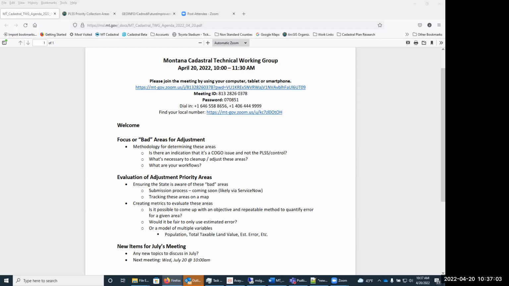There's also another effort statewide to come up with a more streamlined approach for the public to submit issues and questions to the state. That's largely being built around ServiceNow.